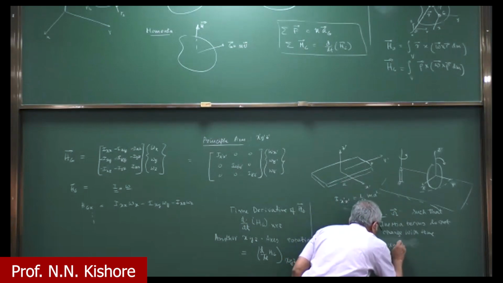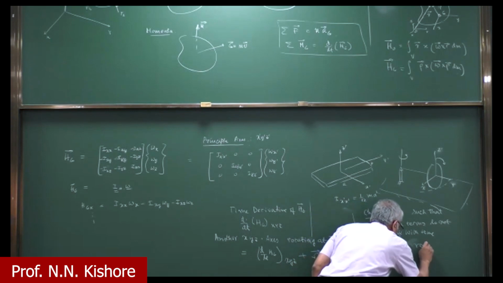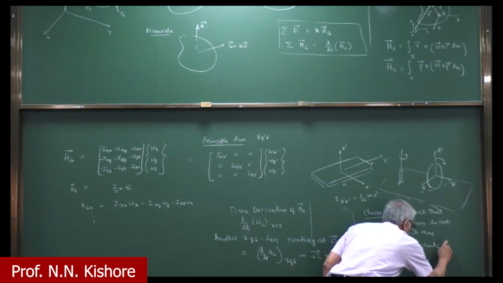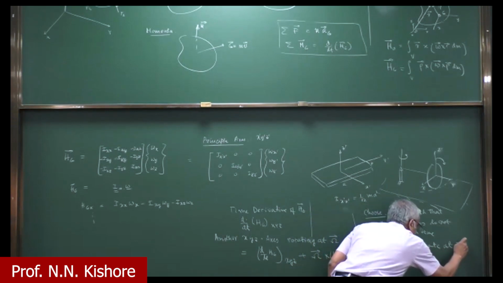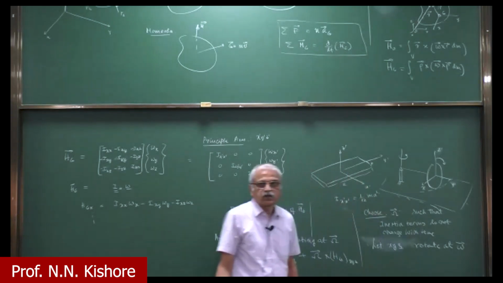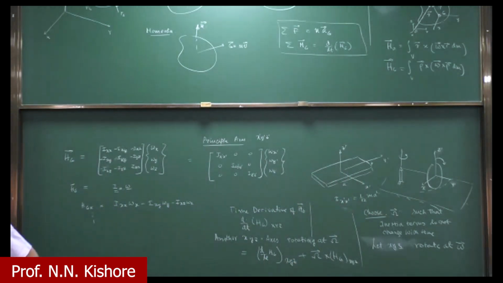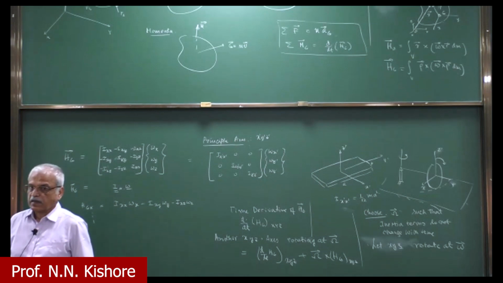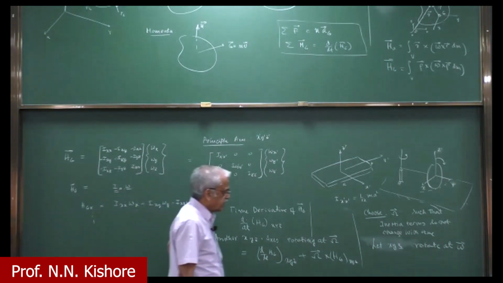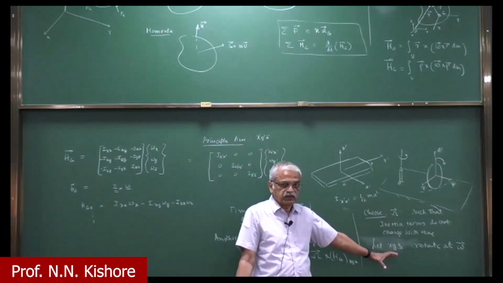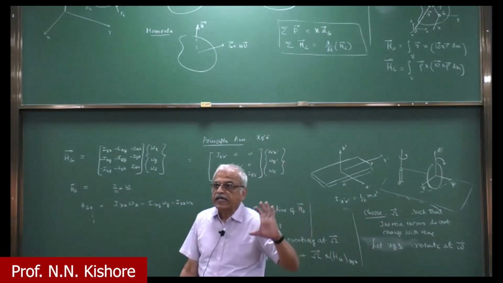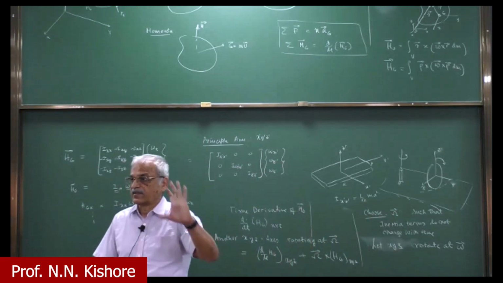Let small xyz rotate at omega. So what happens? I can even say that I'm fixing small xyz to the body itself. But to be a little bit more careful, I said that there's a small xyz which is rotating at the same angular velocity as the body itself.